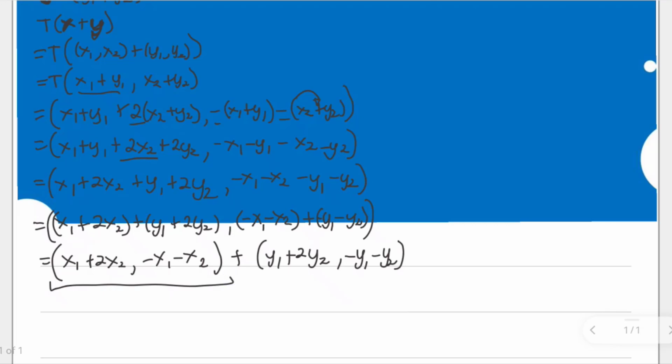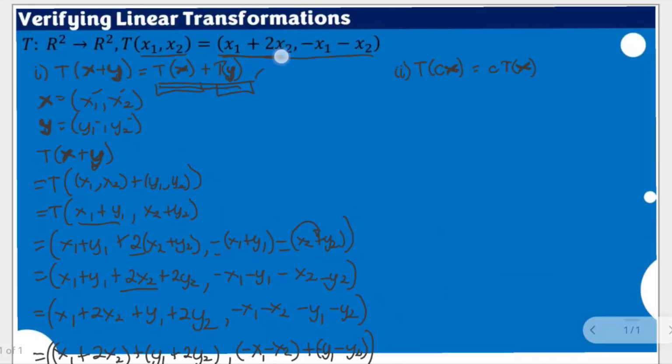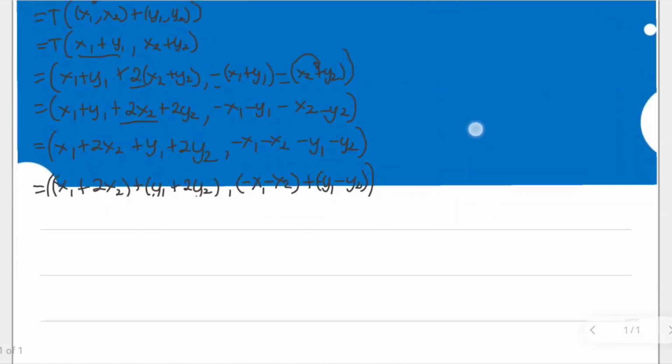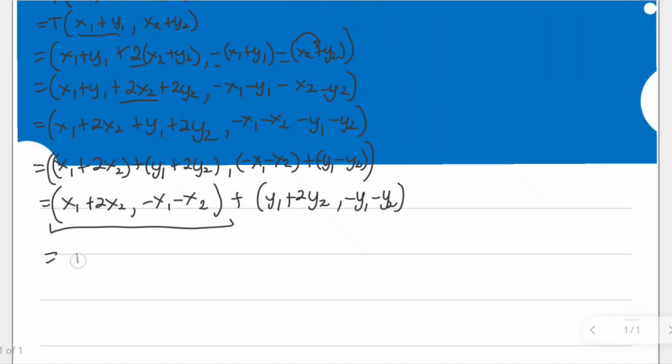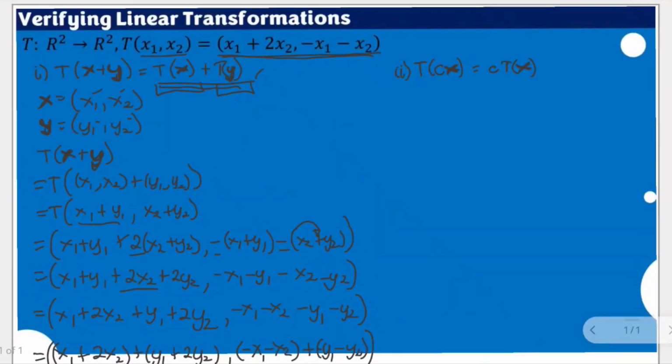This is actually the definition here, and that is the equivalent of the transformation of the x vector itself. And this is also for the y vector as well. Now that we have satisfied the first condition, let's proceed to the second condition.